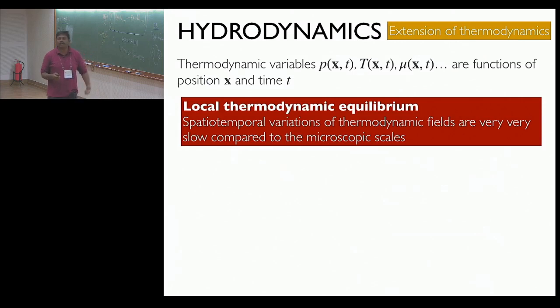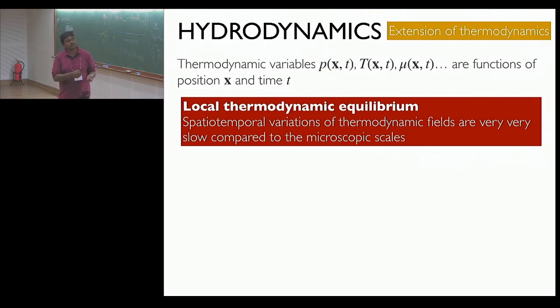So we would really like to extend thermodynamics to cases where the thermodynamic variables like pressure, temperature, chemical potential are functions of both position and time, and that is really hydrodynamics. And you really cannot have arbitrary functions of space and time.